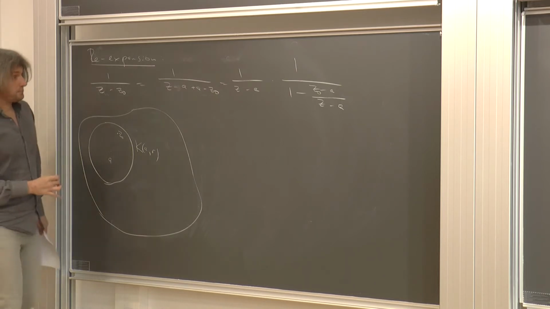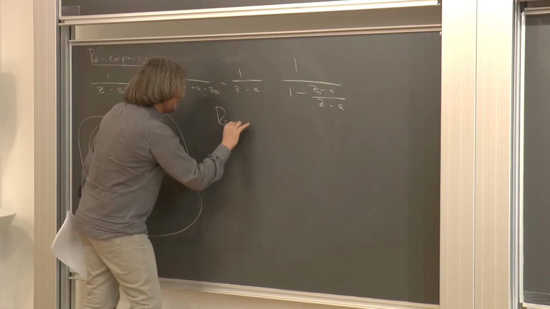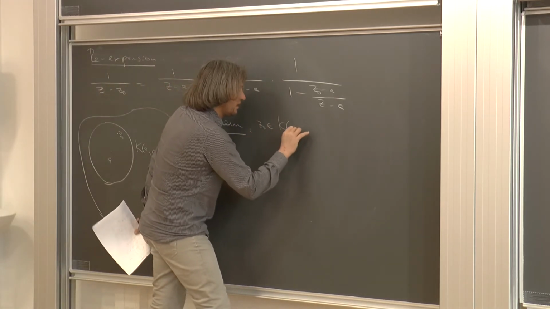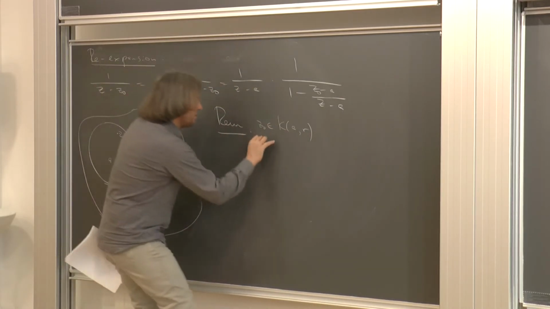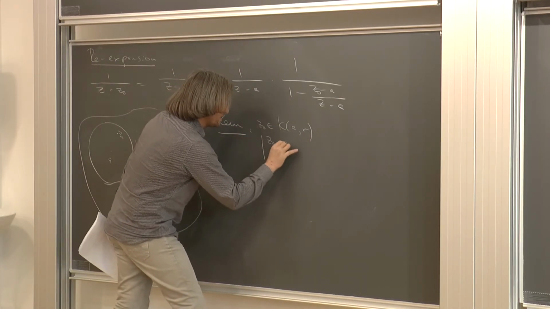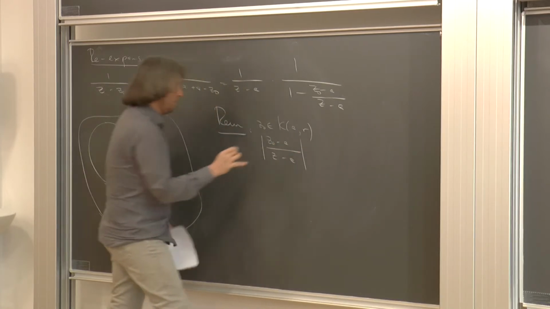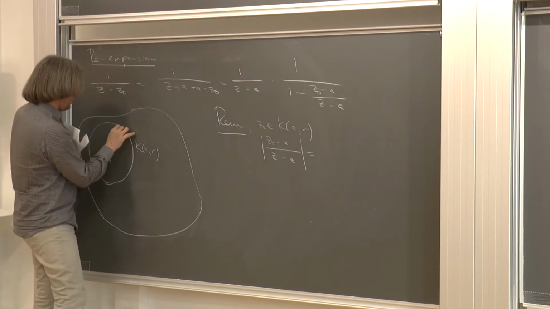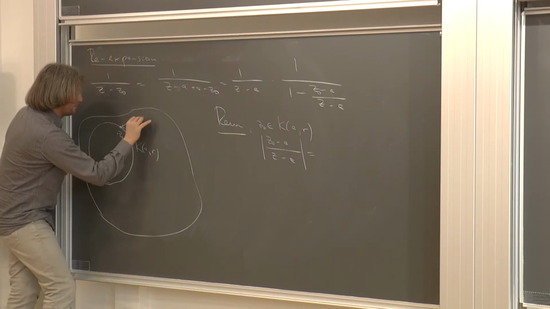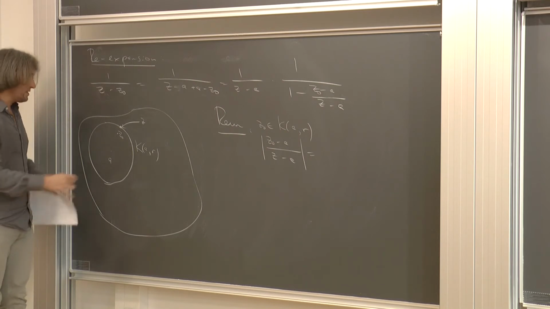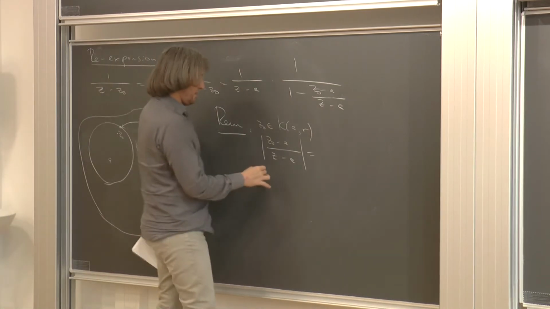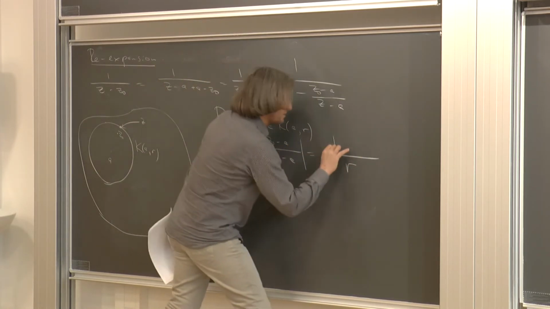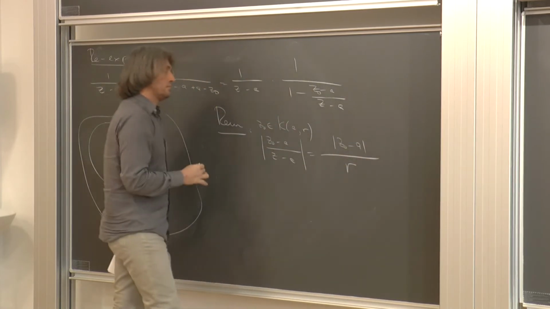In particular, since z naught is in K_a(r), when we integrate, z goes around this circle, so this distance is r, and the ratio of |z naught minus a| to |z minus a| is less than 1.